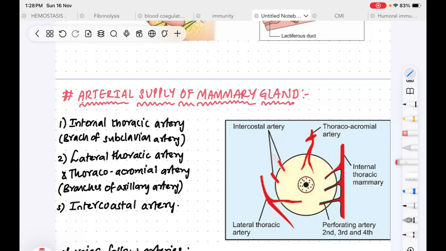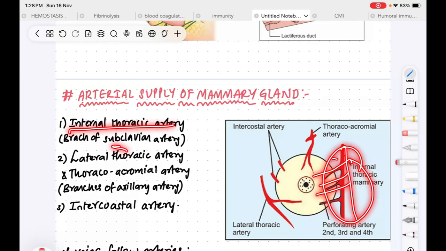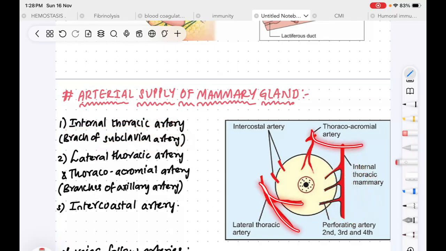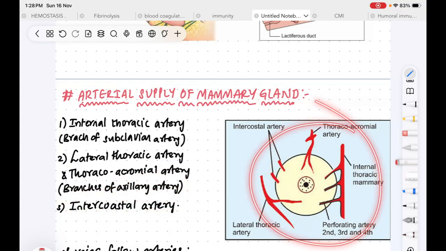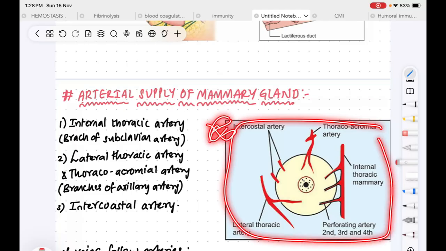Finally, these are the four main arteries supplied from three main branches. Draw this diagram in the exam like this only.